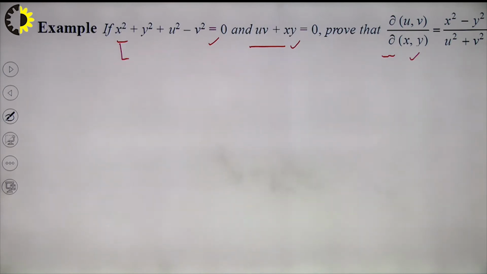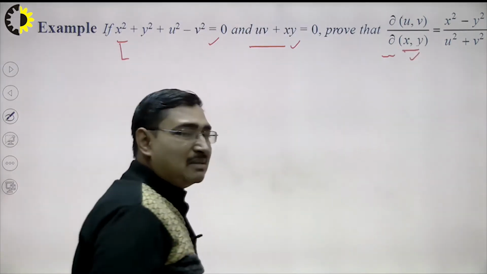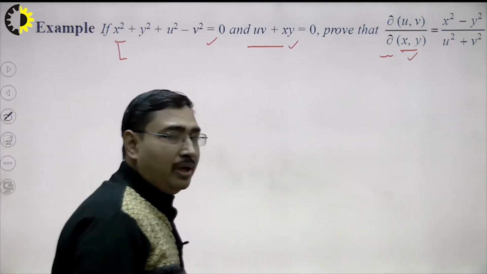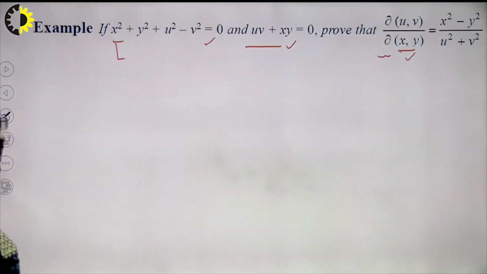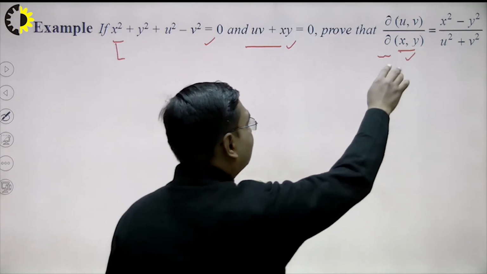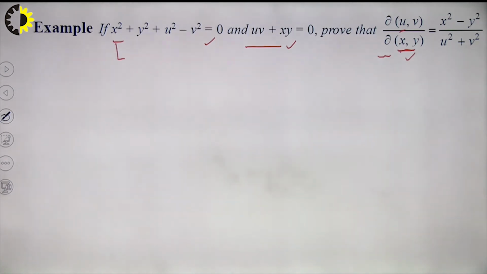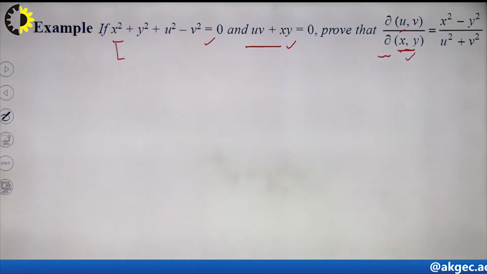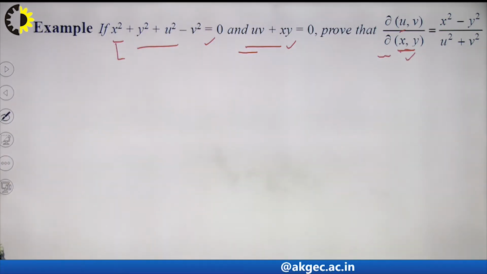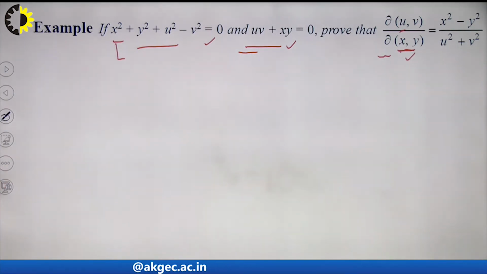In the beginning we have seen that if the values of u and v are explicitly expressible in terms of x and y, then this Jacobian can be calculated by using the direct formula of Jacobian. It is not the case here. Also, if we try to express x, y in terms of u and v, then the property of Jacobian discussed earlier can be used, but here the situation is also not compatible with this property, because we cannot express x, y in terms of u and v easily.